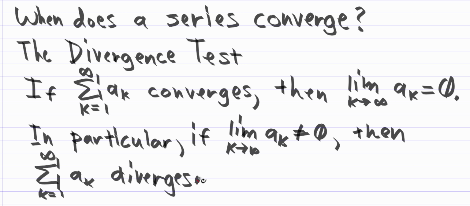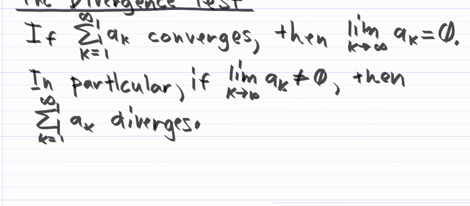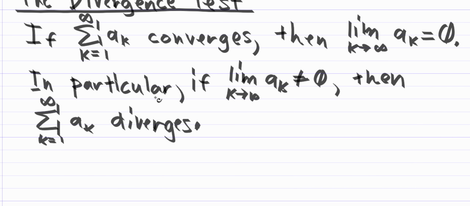And this is really how you use the divergence test. You use it in the following manner. You basically check this limit of the sequence of terms, and if that's not 0, then you know that you're cooked.